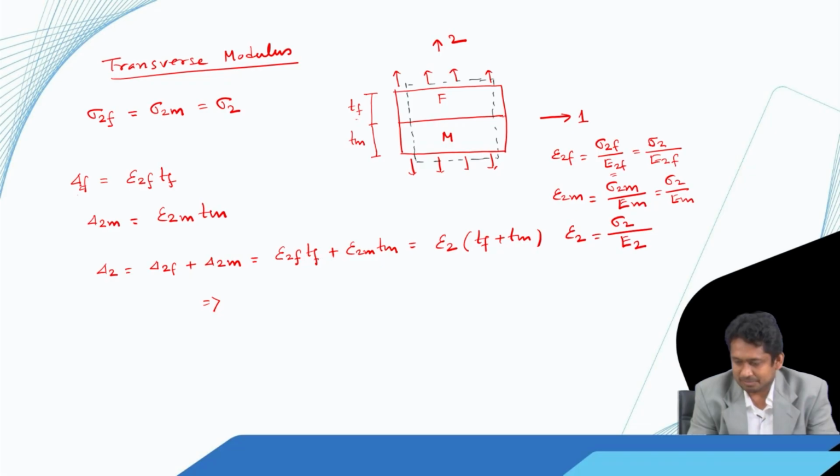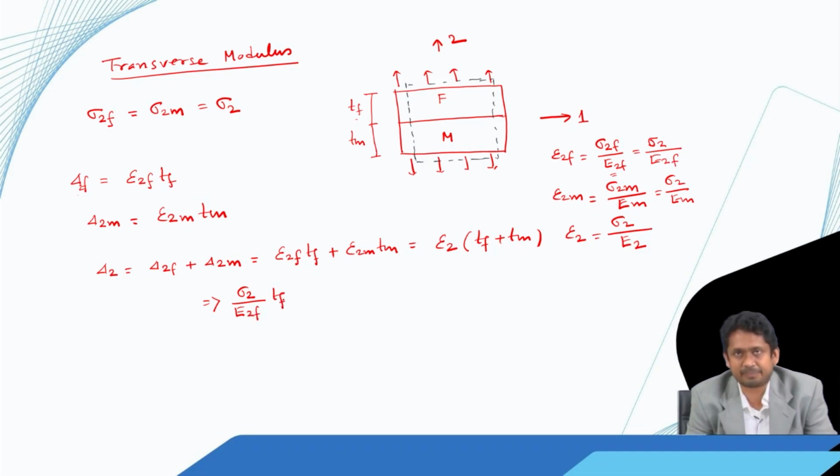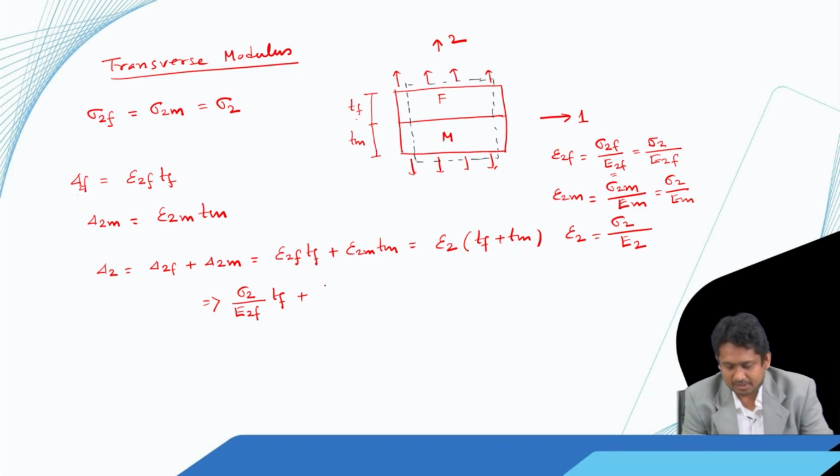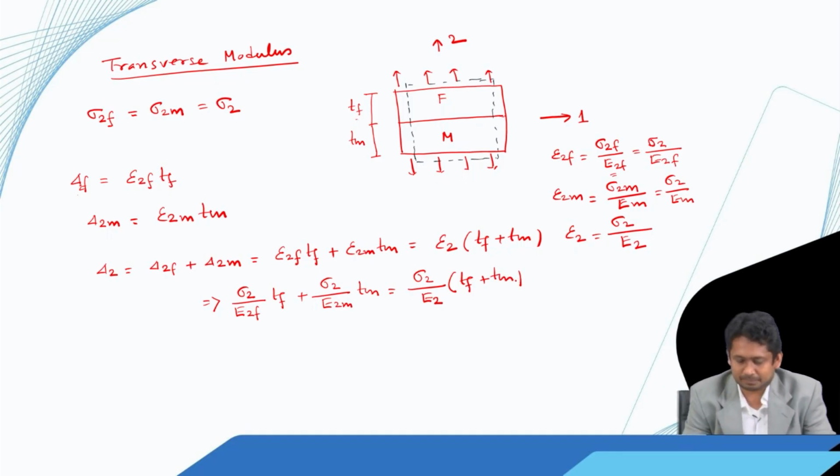So, if I substitute all these things here, we can write this as sigma 2 divided by E 2 f multiplied by T f plus sigma 2 divided by E m multiplied by T m is equal to sigma 2 divided by E 2 multiplied by T f plus T m.